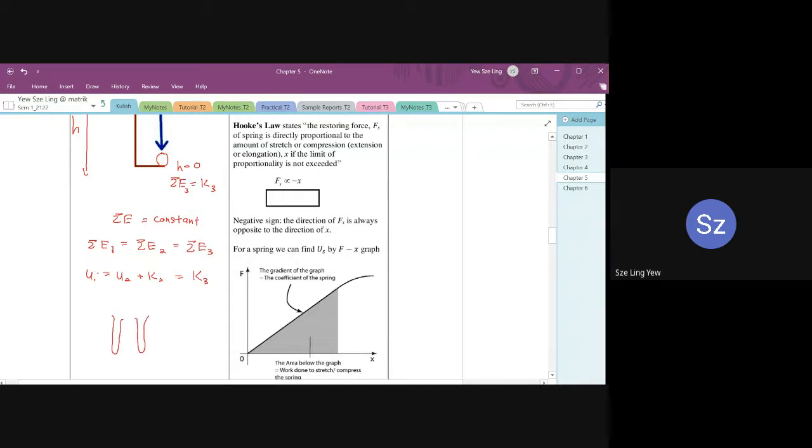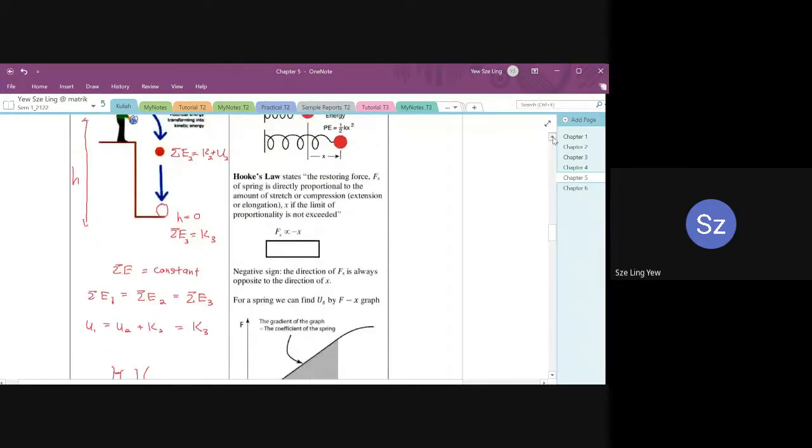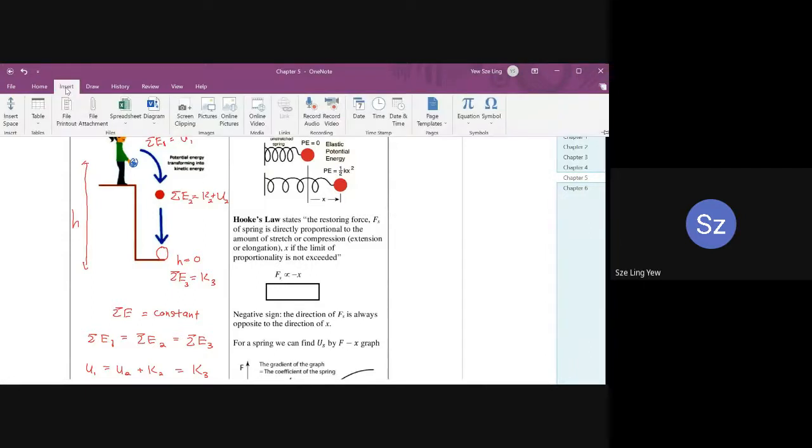Initially, you have only water in this tube. Let's call this tube U and this tube K. So what happens when you drop the object? When you drop the object, you're actually pouring the water, transferring the water from one tube to the other tube. All right, so let's see.